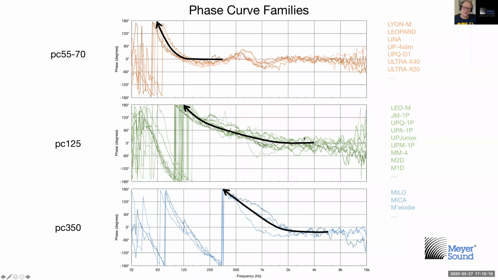Okay, so I talked about the green phase curves, which are all part of a family which we call PC125. They live roughly around 125 Hertz. That's where we see the first wrap.